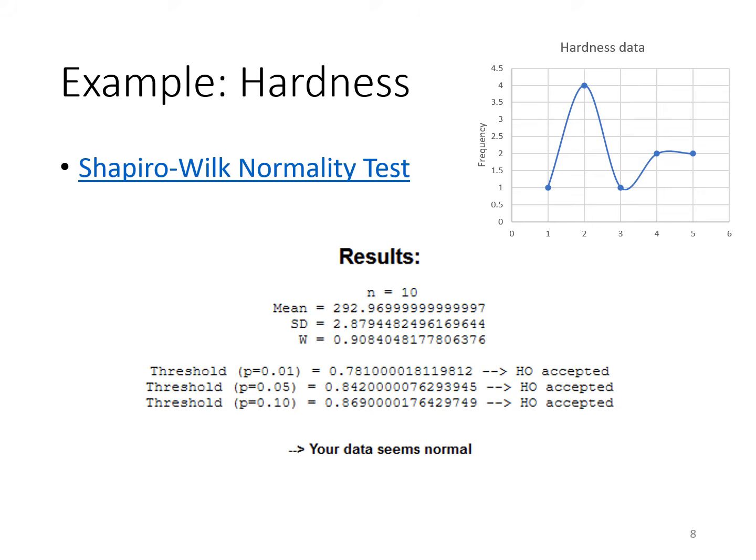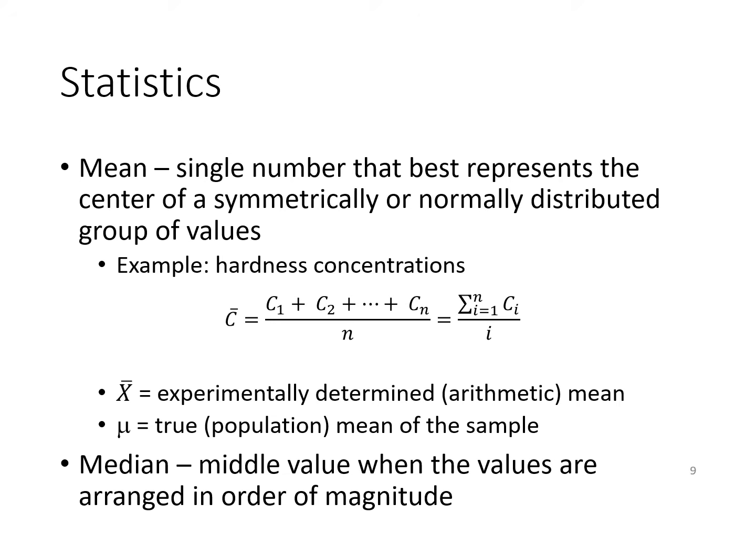And what we see here, and we'll typically use a 95% confidence interval, is that the threshold is 0.84, which tells us that the null hypothesis can be accepted and that the data is normally distributed. So we'll go on then to calculate the mean and the medians.